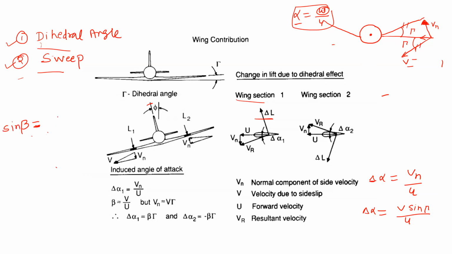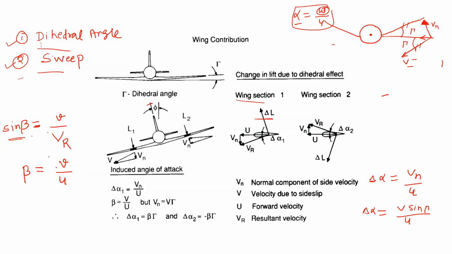Usually it's defined like this: sine beta is equal to v, the side velocity, divided by the net VR. But for our case, because beta is also small, you can simply define it as v over u, because the major component of the velocity is u itself. So approximately beta is the side velocity v divided by u. So beta is kind of an angle of attack from the side, not exactly, but kind of, right?